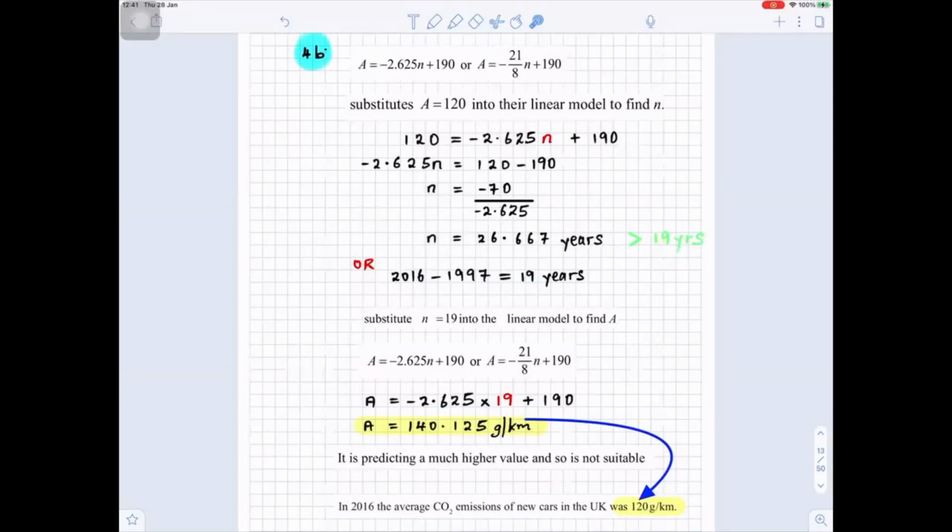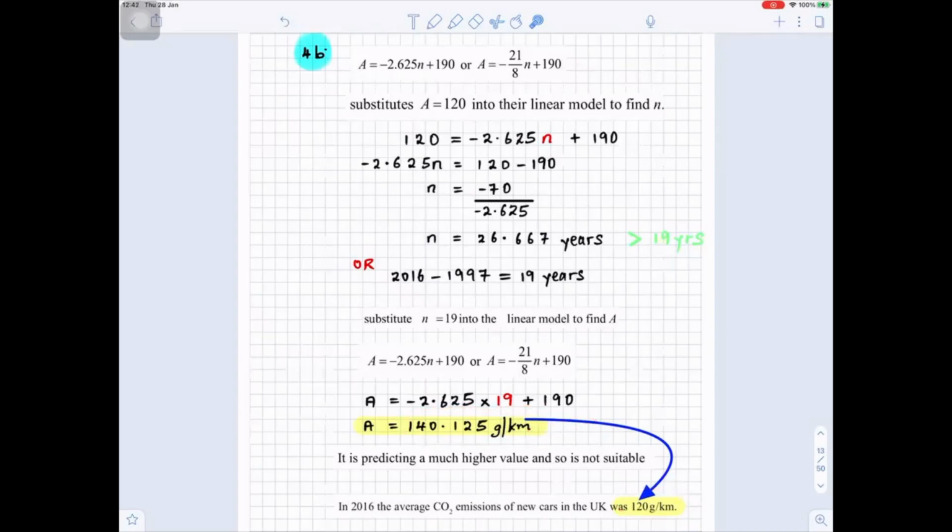What we can do is substitute n equals 19 years into the linear model to find A. So A would be equal to minus 2.625 times 19 plus 190. That will give us A to be 140.125 grams per kilogram. And if we compare, 140 is bigger than 120.